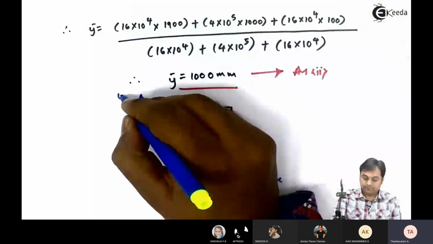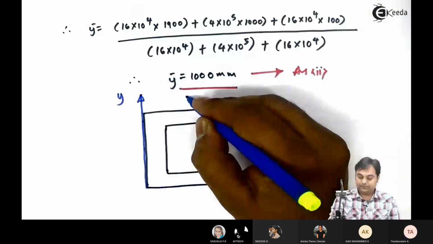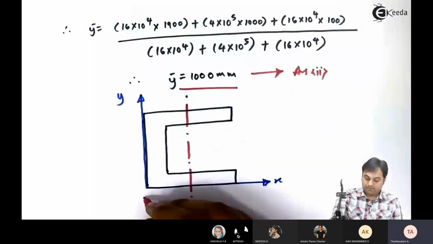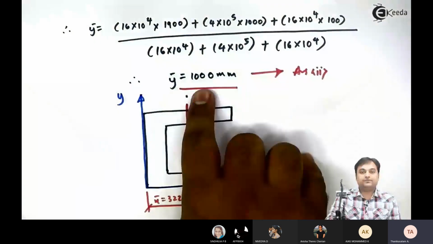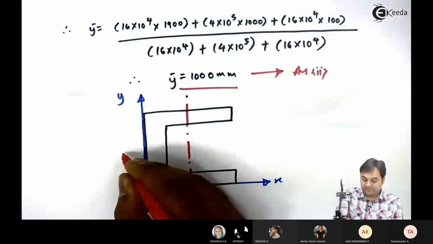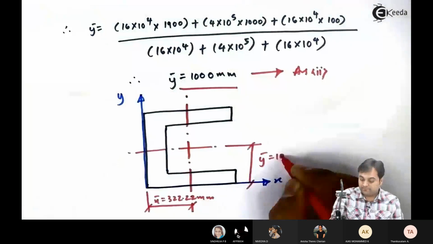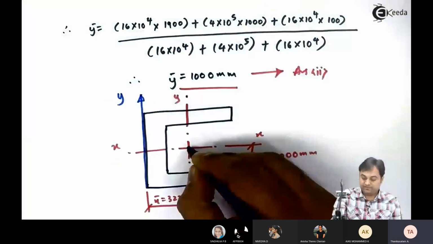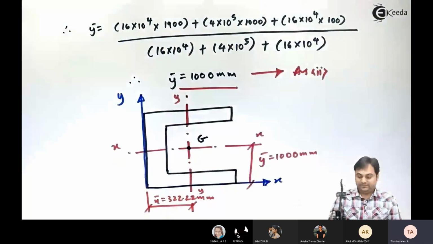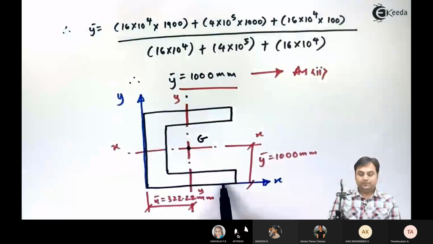So the y-axis is at 322 and x-axis, it would be at a distance of 1000 mm, exactly at half. And this intersection will give the centroid, that is the intersection of x and y axis. And once we have located the centroid, we can easily say that the problem is over and hence we have completed the location of centroid for the C section.